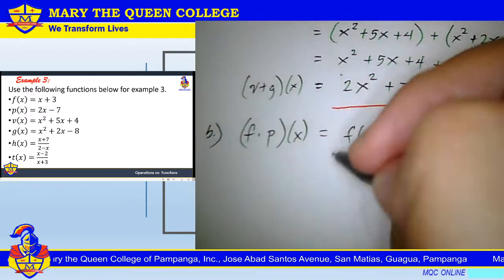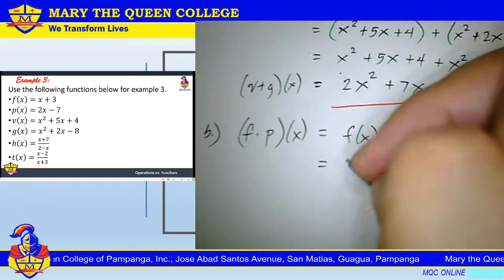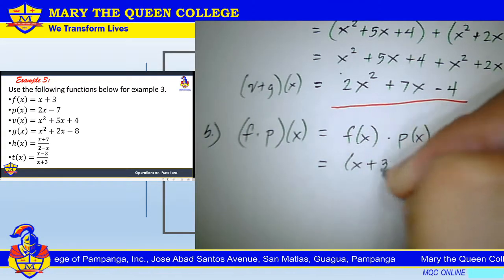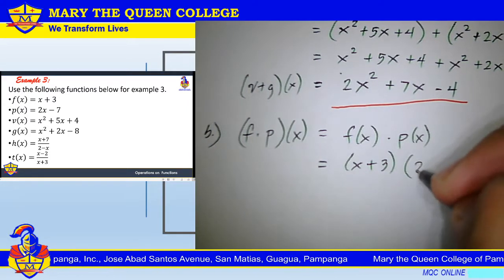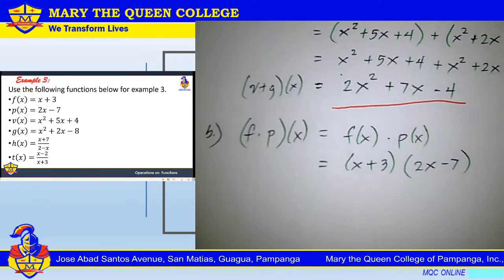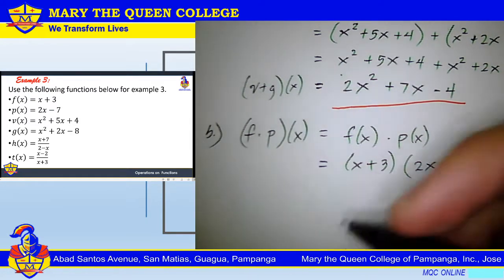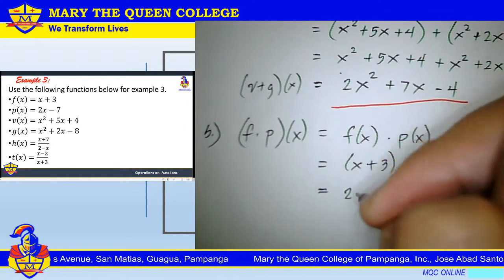From here, copy natin yung f of x natin, which is x plus 3. Then, our p of x, we have 2x minus 7. You can apply the FOIL method here. So, x times 2x, that is 2x squared.